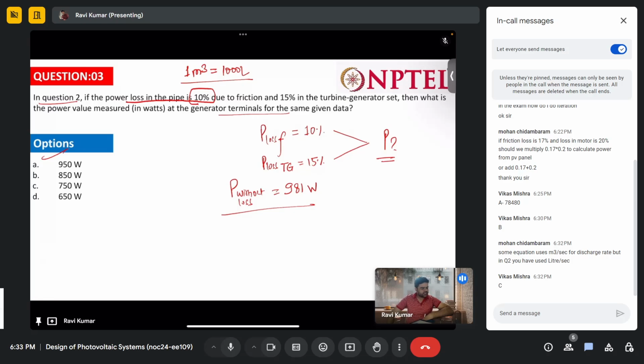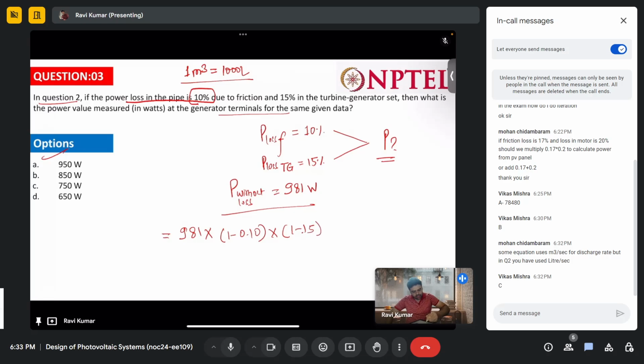Okay, Vikas said C. Okay, let's check. 981 into 1 minus 0.10 into 1 minus 0.15.